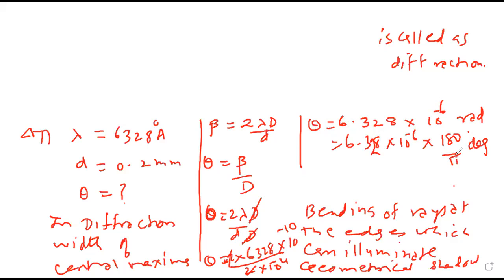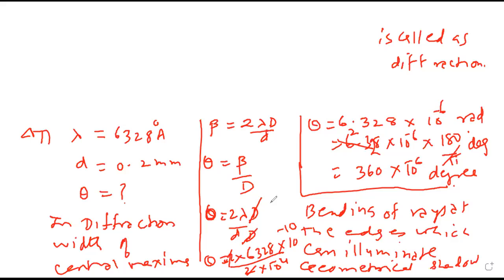Pi is 3.14 roughly. I can assume this is 6.28, we can cancel roughly approximate. So 360 into 10 raised to minus 6 in degree. Let's see what the option is written, is it degree, minute, or second. Option is in decimal. 10 raised to, this was 6328.